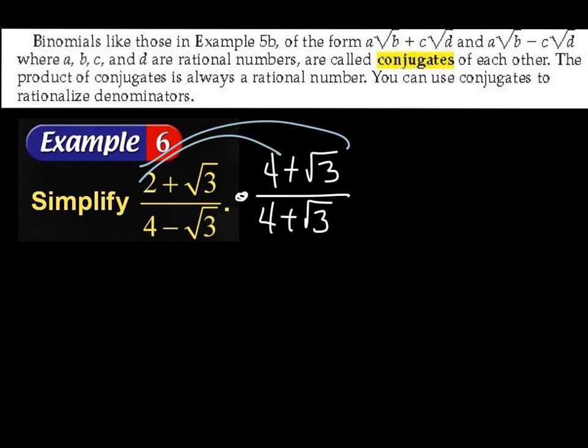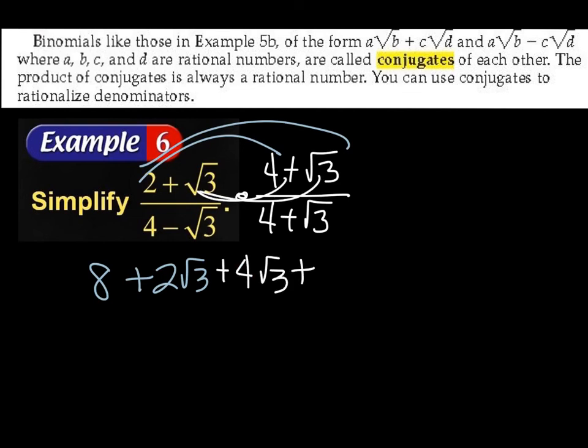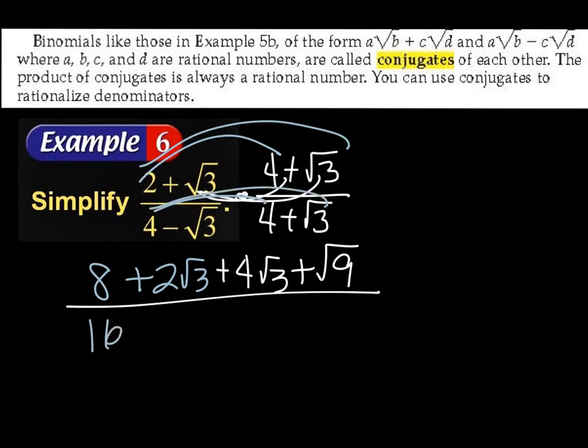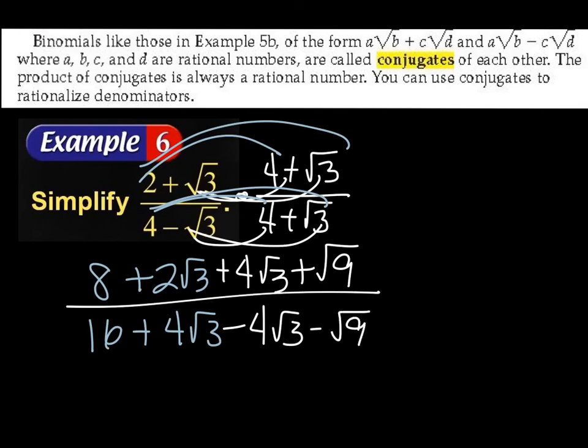So 2 times 4 is 8 plus 2 square root of 3 plus 4 square root of 3 plus square root of 9 over 4 times 4 is 16 plus 4 square root of 3, and here comes the magic, minus 4 square root of 3 minus square root of 9.